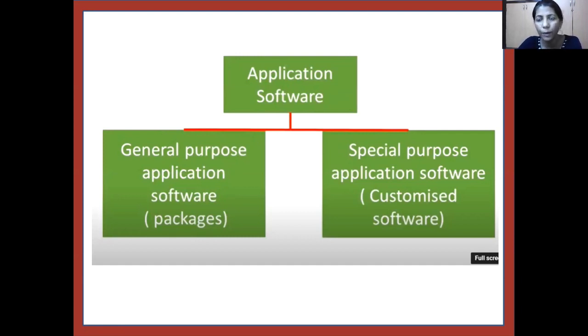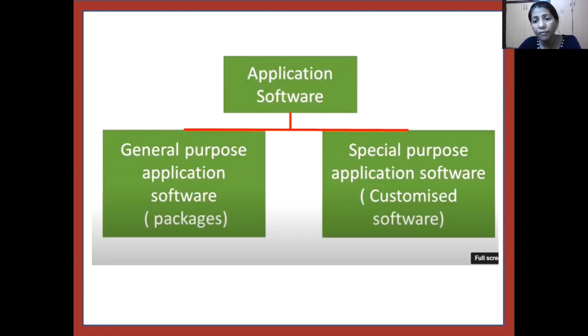Like Microsoft Word: if we run Microsoft Word, it works the same in all computers and for all users. MS Paint again fulfills the needs of the users who want to do drawing and coloring. So this is general purpose application software.